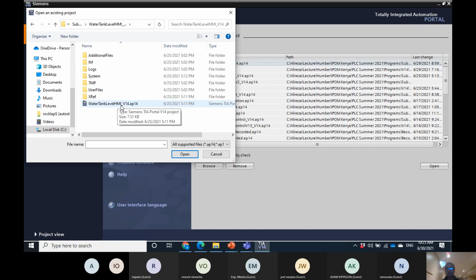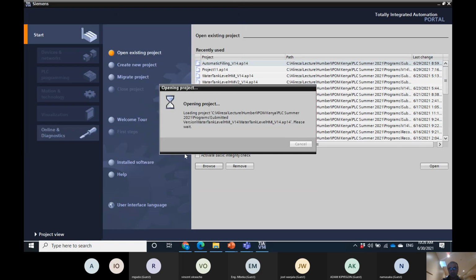So that's fine. When you click on that and try to open, it asks whether you want to convert that to version 15? Say yes, just simple. So I built that on version 14 to be sure that if you have version 14 or 15 or higher, you can open that. So click on that simply.